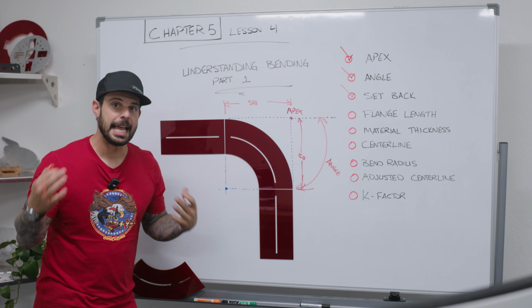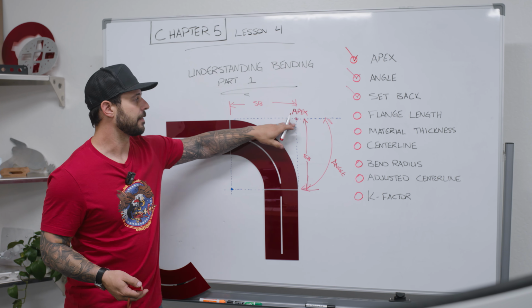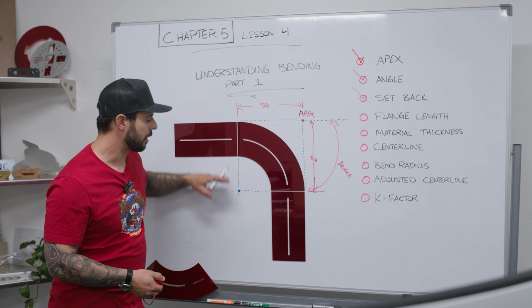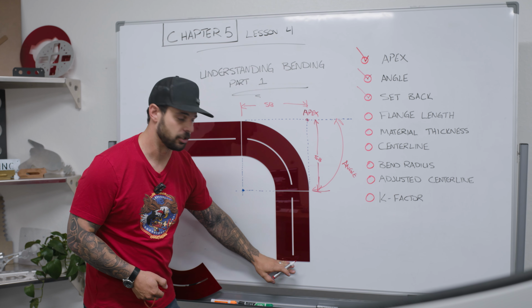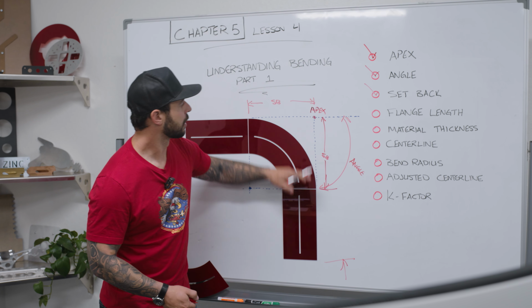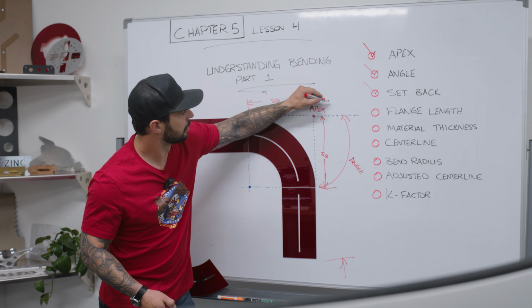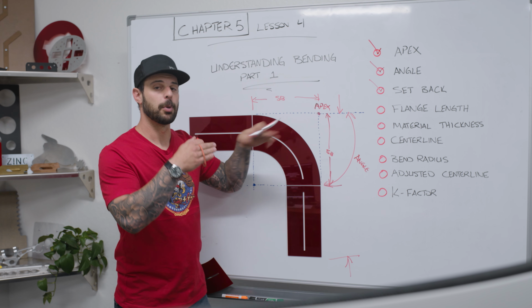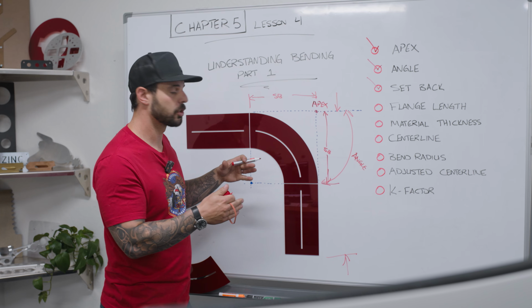Now flange length is also going to be measured off of this apex area here. It's never measured off the inside. So if we're looking for how long this flange is, this measurement from here, we're going to be measuring it from our apex. So from this line here, or that actual point in space. Now this is also really important.